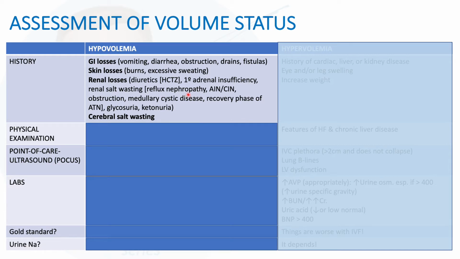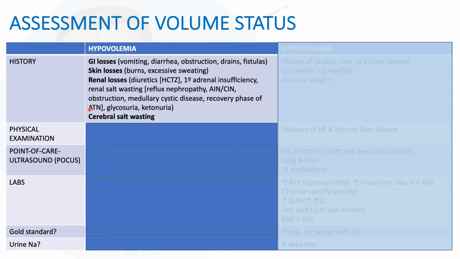Renal salt wasting: there are specific kidney diseases that are more commonly associated with salt wasting, including reflux nephropathy, acute interstitial nephritis, and chronic interstitial nephritis, which has many causes, including drugs, infections and toxins. Also obstructive uropathy, medullary cystic disease, or a patient in the recovery phase of acute tubular necrosis from any cause.